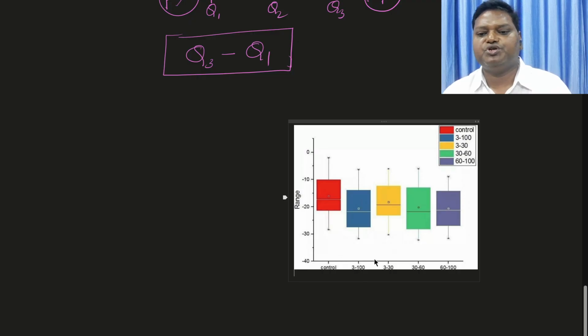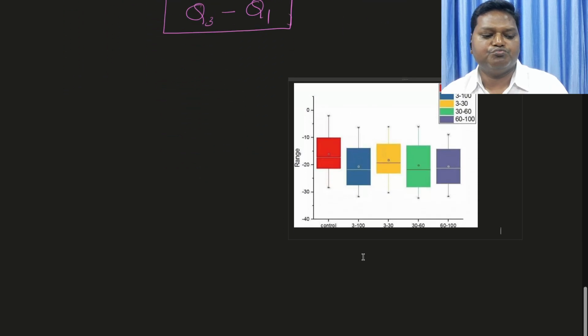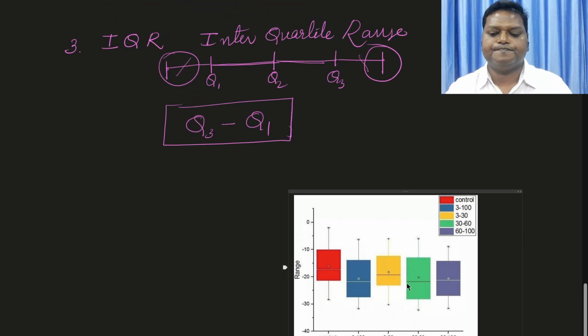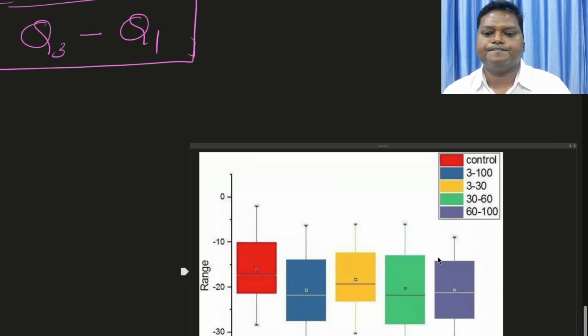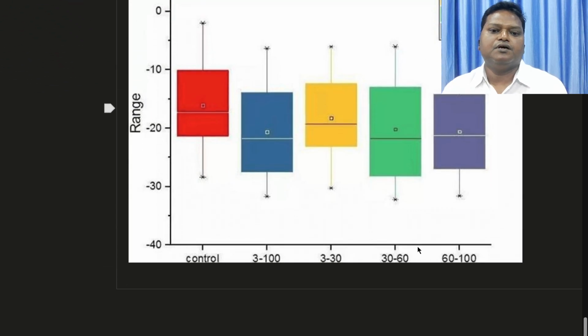So this is an example of a box plot. In this box plot, this central line is the median, Q2. This is Q1. This is Q3.